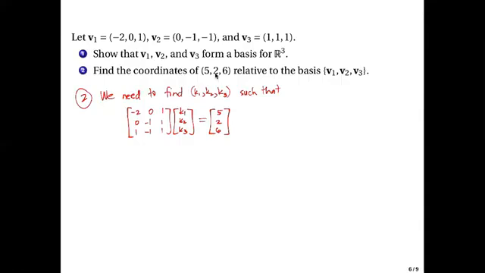Okay? But this guy here, since the determinant of this is not equal to 0, this will have a unique solution. And the solution K1, K2, and K3 can be obtained by multiplying both sides of the equation by the inverse of this.